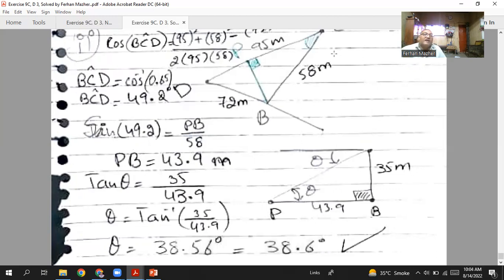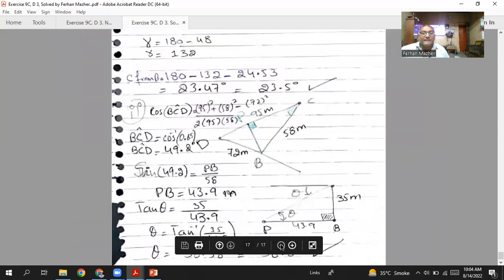So tan theta will be perpendicular by base, and it will be 35 divided by 43.9. So theta will be tan inverse of 35 divided by 43.9. And so you will have theta equal to 38.56, which is 38.6. So whatever the angle of elevation is, the same will be the angle of depression. This is how you will do this question number 17.